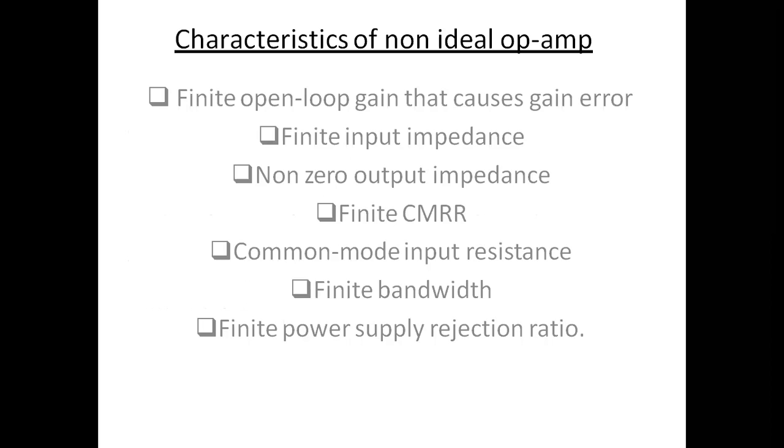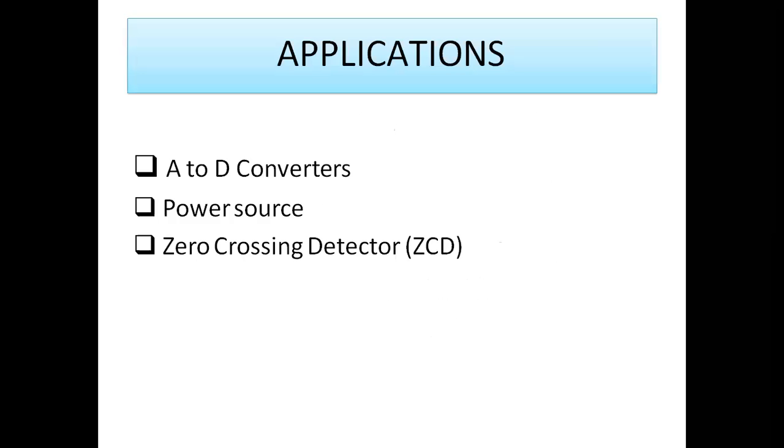Exactly opposite: there it was infinite CMRR, here finite CMRR, the common mode rejection ratio. Again, there it was infinite bandwidth, here finite bandwidth. Here we have a finite slew rate, that is, a finite power supply rejection ratio.